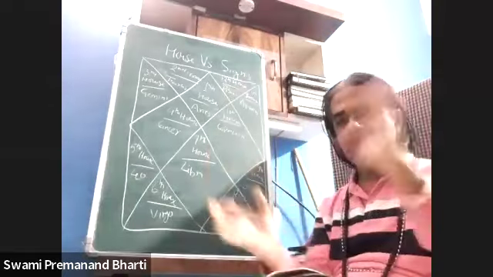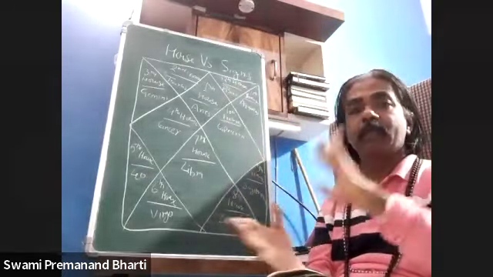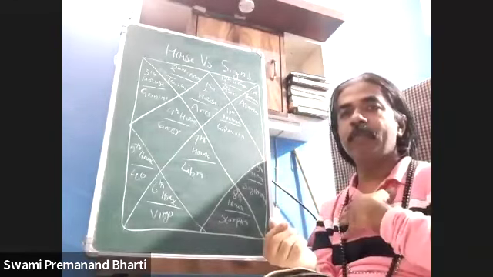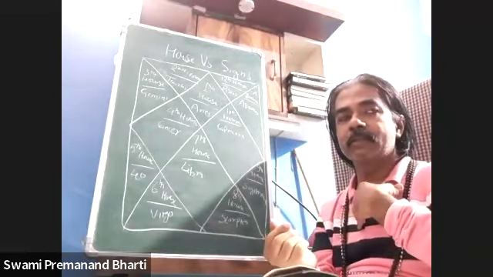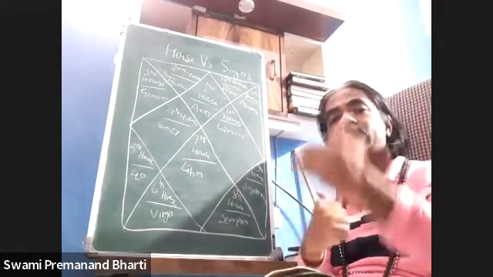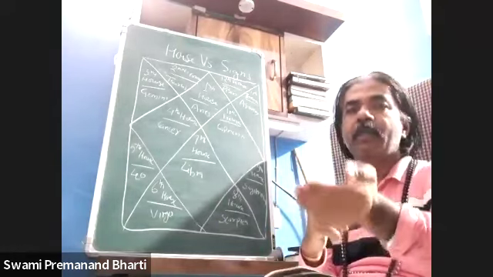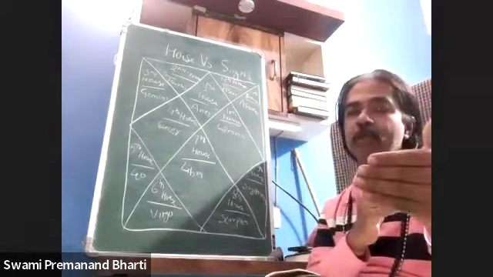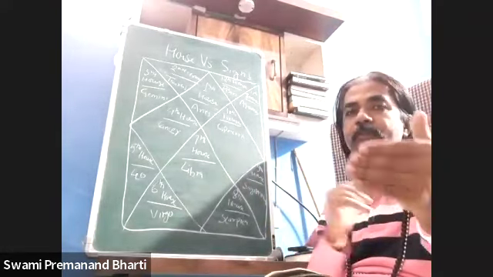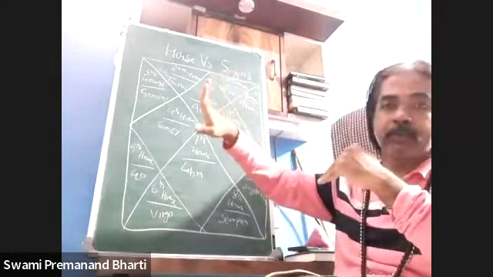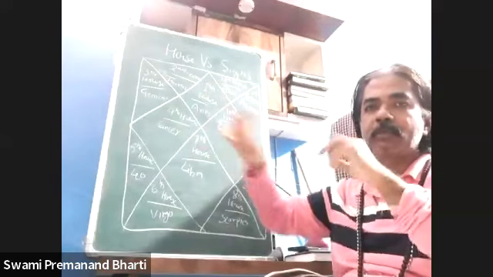Because if you look at every ascendant chart, signs will change their position. I'm a Capricorn ascendant person. For me, Taurus falls into the seventh house. For someone who is a Sagittarius ascendant, Taurus will be in the sixth house. For a Cancer ascendant person, Taurus will be in the 11th house.